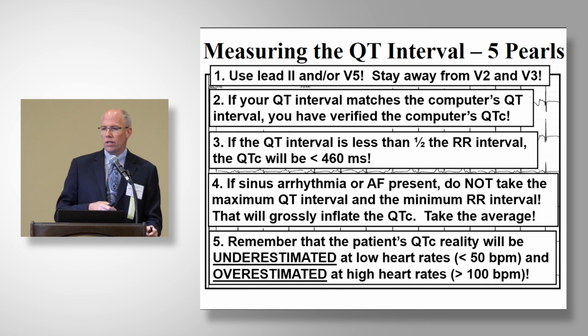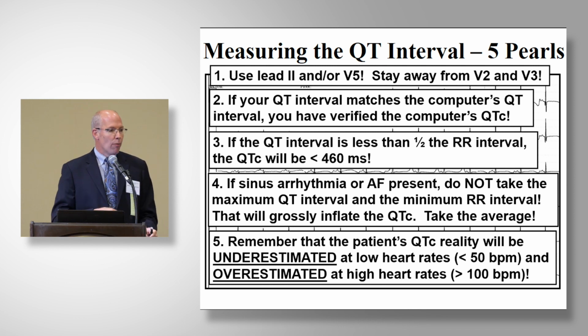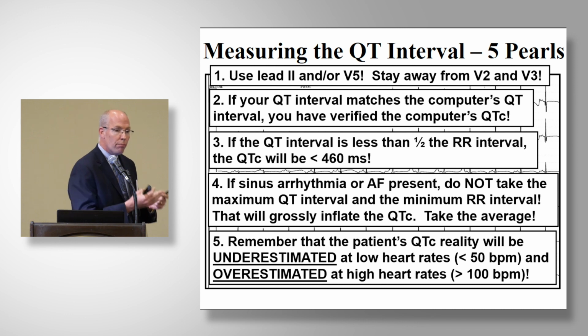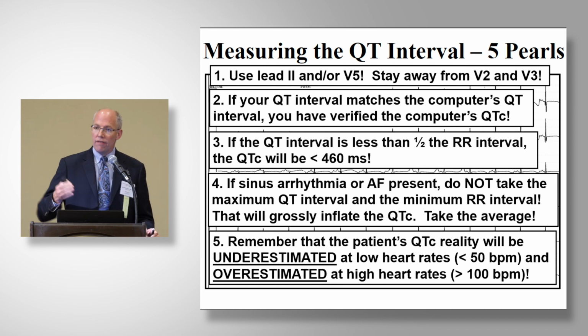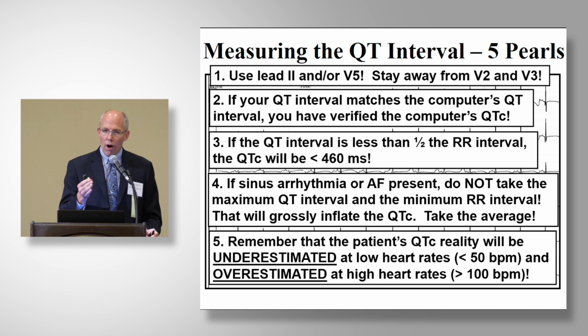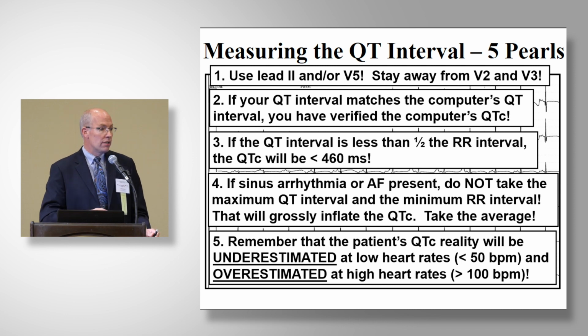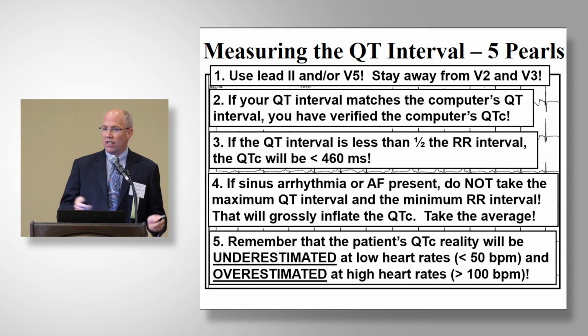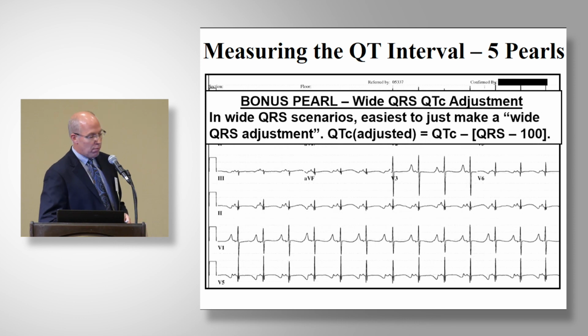Don't call the QT interval in that context the QTc, because that will swing it in the opposite direction and then quickly overestimate things. So just recognize that the computer-derived QTc, which you even confirm, is probably less than what their QTc truth is had they been in a heart rate zone of, say, 60 to 80 beats per minute.